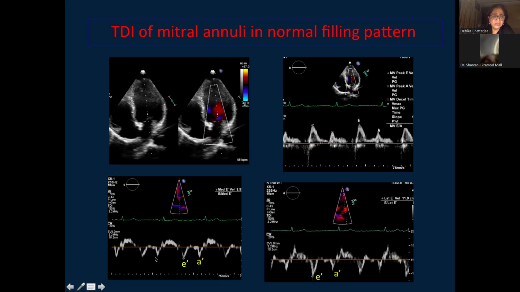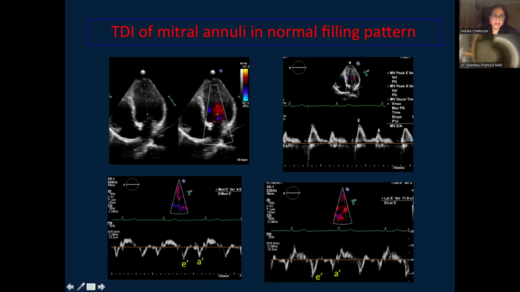The first diastolic wave is called E prime, which is denoted by E with dash. We say it E prime, and it is equivalent to the early rapid filling phase, that is the E wave. And A prime, it is not the blood flow, it is the annular motion which we are looking at.